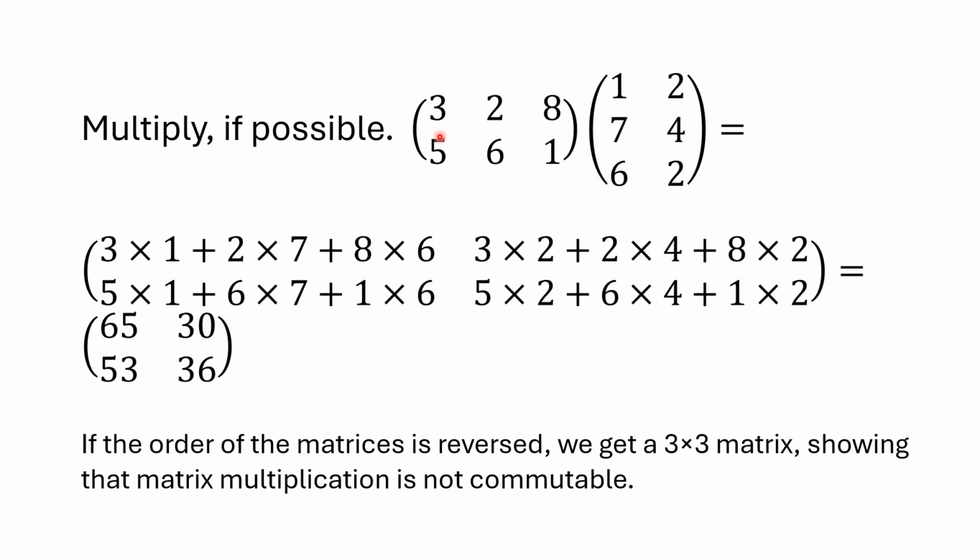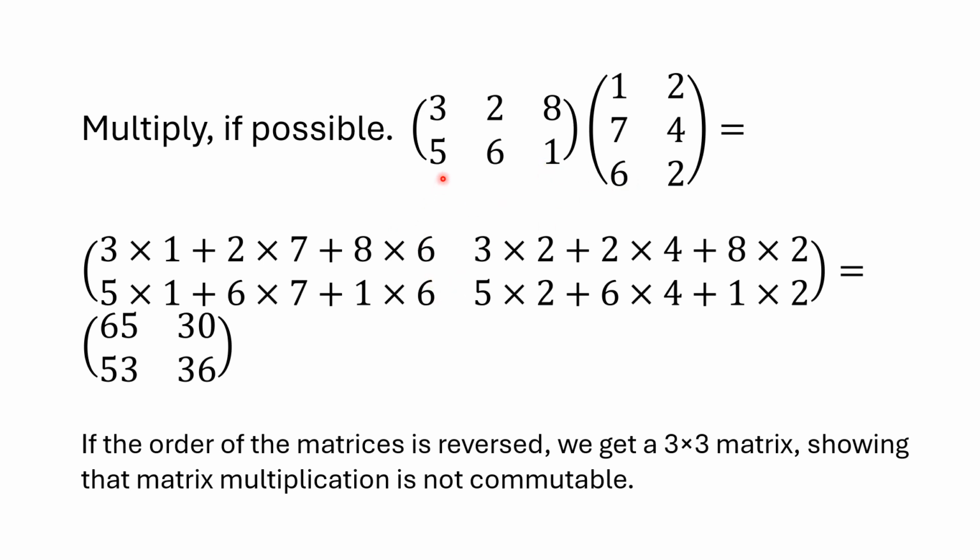So we would go through the first row, second column: 3 times 2 plus 2 times 4 plus 8 times 2. Then we take the second row and we do likewise. We impact it on the first column: 5 times 1 plus 6 times 7 plus 1 times 6.